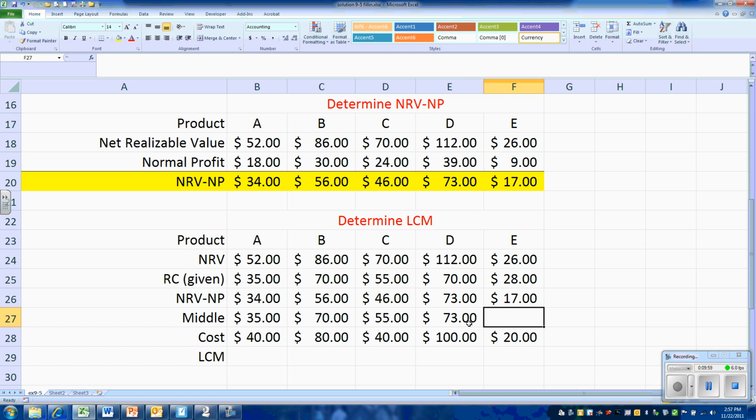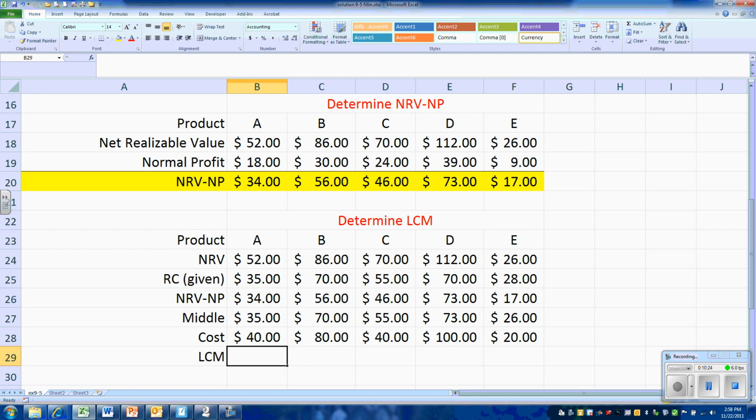And for product E, our net realizable value is the middle. So it doesn't hold true that replacement cost will always be the middle amount. We have to do our analysis of the three components and choose the item that is in the middle between the high and the low.